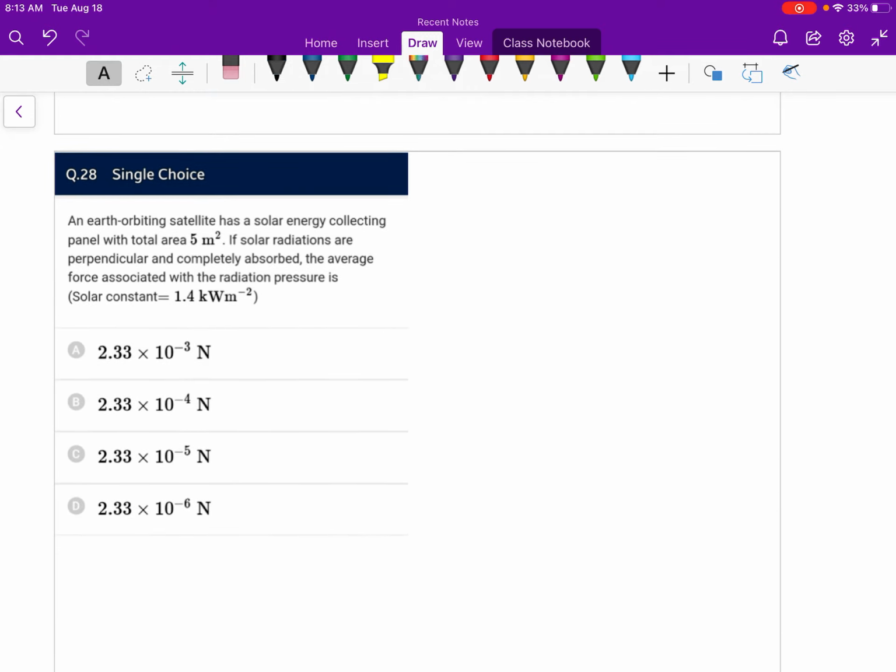An Earth orbiting satellite has a solar panel of area A. Solar radiations are perpendicular and completely absorbed. The average force is change in momentum per second. So momentum incident is IA upon C, energy incident upon C, and final momentum is 0.